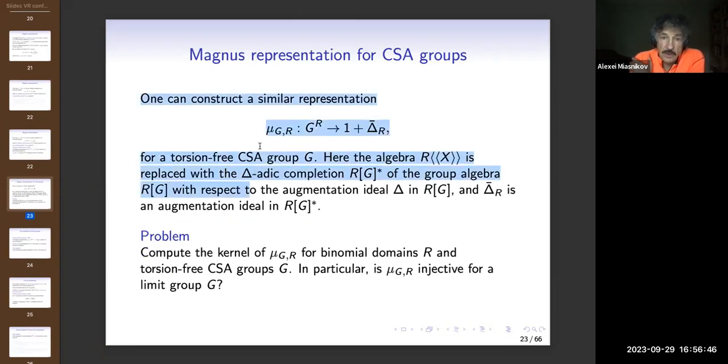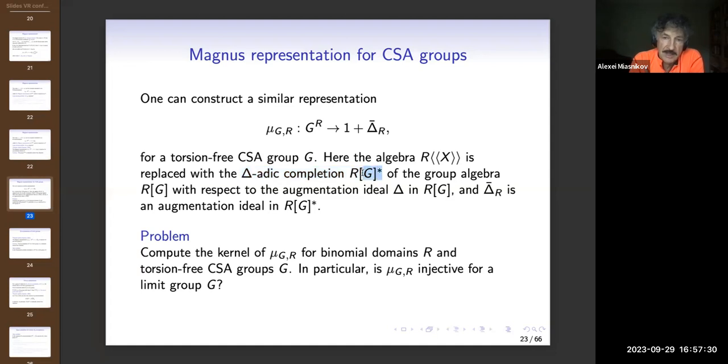You can try to do it for an arbitrary group, not only a free group. So if you take a torsion-free CSA group G, you can mimic the Magnus representation where instead of power series, you take the group algebra of G with coefficients in R. You take the augmentation ideal delta and make the completion of RG with respect to the delta-adic topology.